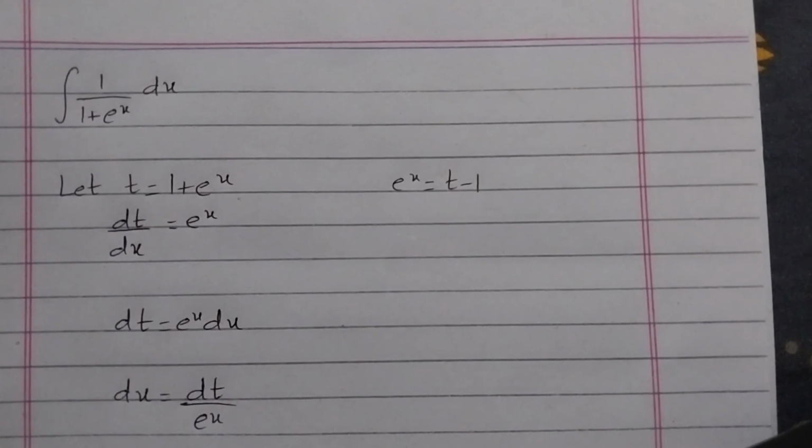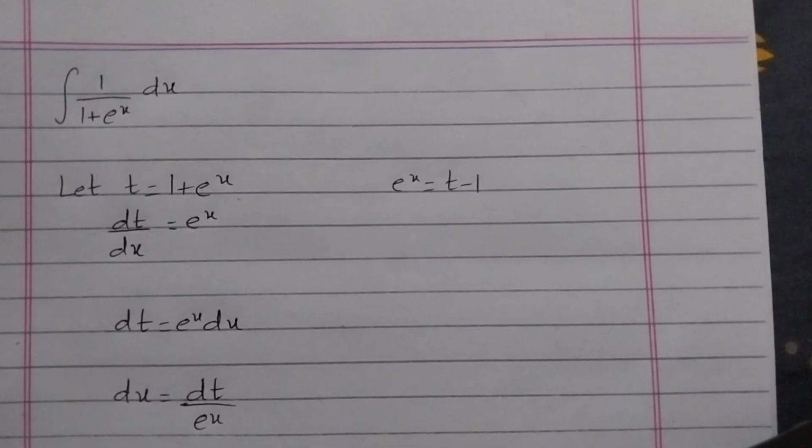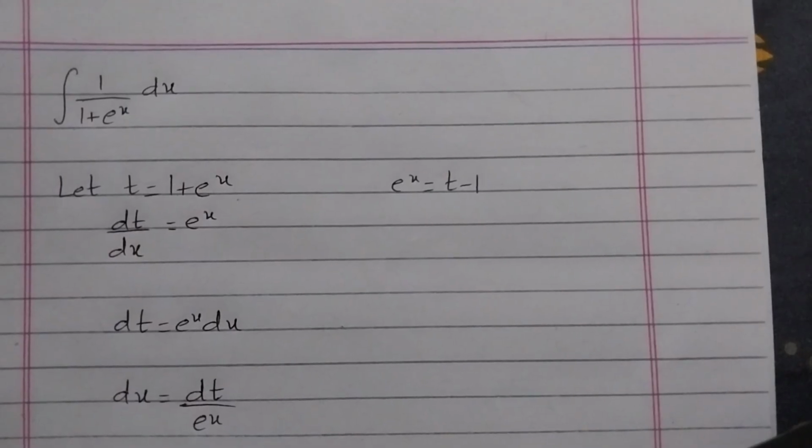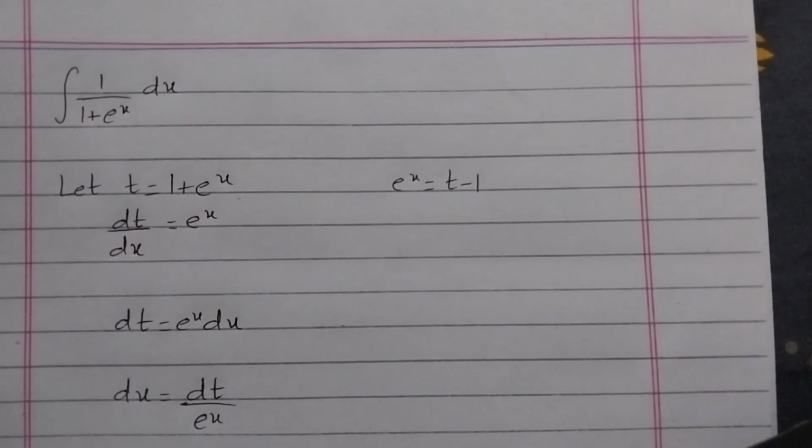Obviously, if we are letting t equal to this expression, we have to also find dx in terms of t. So we will differentiate this equation with respect to x. So dt over dx is equal to the derivative of 1. 1 is a constant, so a constant doesn't have any slope.